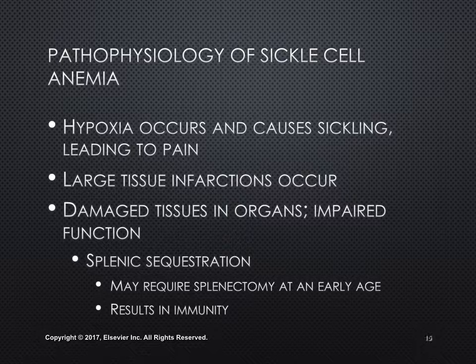Well, here are these sickled cells, which obviously are dysfunctional, and so the spleen starts filtering them out, and the spleen gets filled up with these dysfunctional blood cells. What can happen is that they get an enlarged spleen, and it may require a splenectomy at an early age, and that results in an immunity issue.